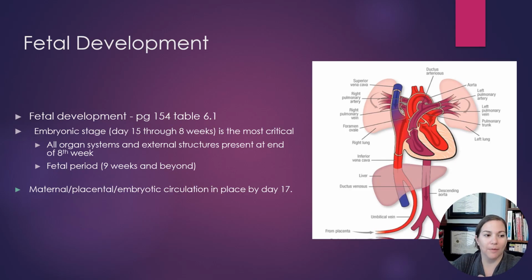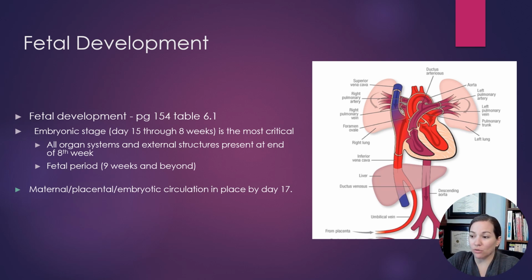Okay, fetal development. I recommend looking at your book at a nice chart to show you each stage of fetal development and the most critical parts of it. Table 6.1. But the important thing that you need to know is that the embryonic stage is through 8 weeks, and this is the most critical time for fetal development and organ system development.